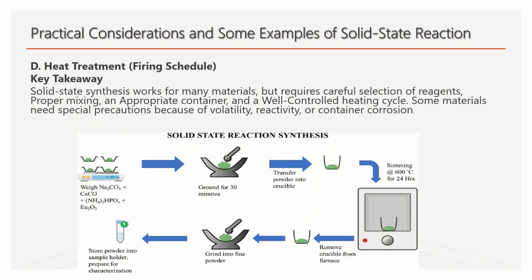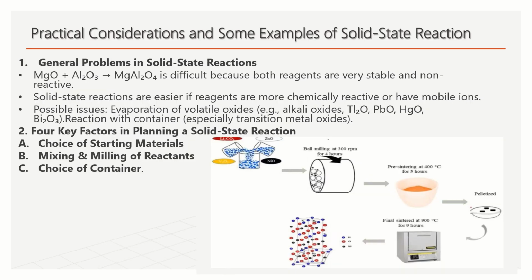So reagents like these are shown in the solid state reaction synthesis method, in which carbonates, calcium carbonate, and other materials are used to make the precursor material for the solid state reaction. This is like fluffing up flour to make mixing easier.